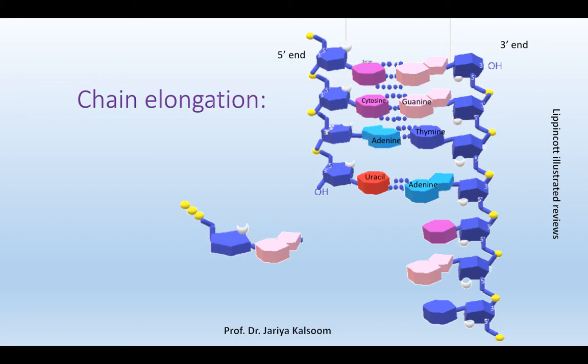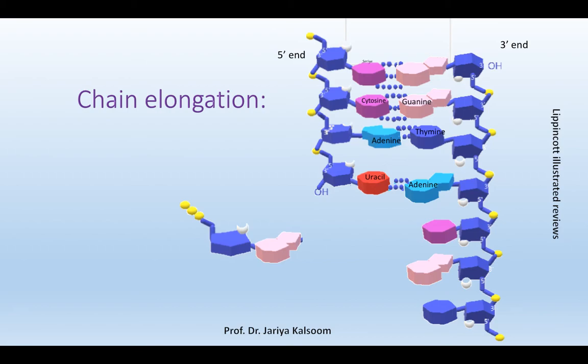A strand of DNA that serves as template for RNA synthesis is copied in the 3' to 5' direction. Synthesis of the new RNA molecule occurs in the 5' to 3' direction. The ribonucleotide triphosphates ATP, GTP, CTP, and UTP serve as precursors. Each nucleotide base sequentially pairs with the complementary deoxyribonucleotide base on the DNA template strand.